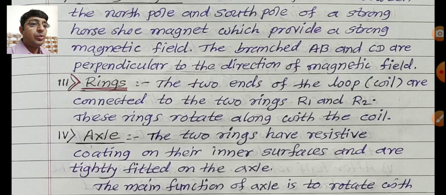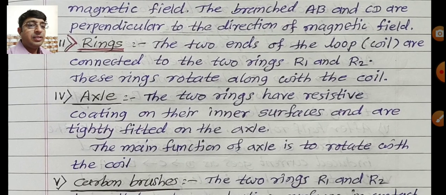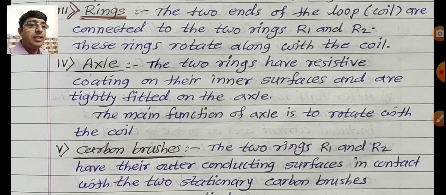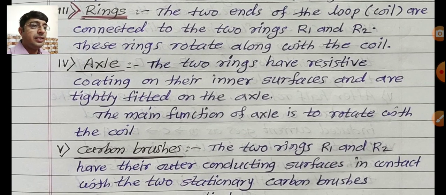These rings rotate along with the axle. The next component is the axle. The two rings have an insulating coating on their inner surfaces and are tightly fitted on the axle. The main function of the axle is to rotate with the coil.